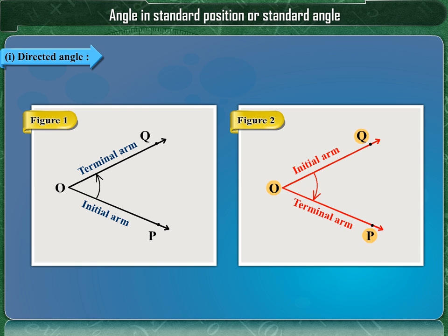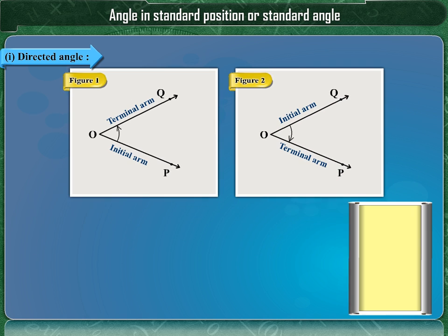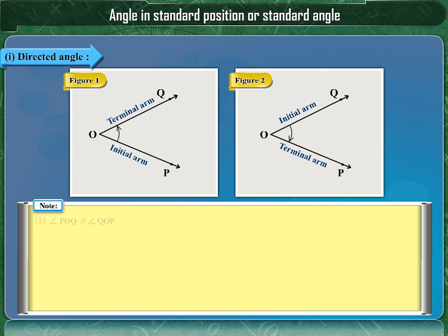Ray OP is the terminal arm. In such a case, remember that directed angle POQ is not equal to directed angle QOP.